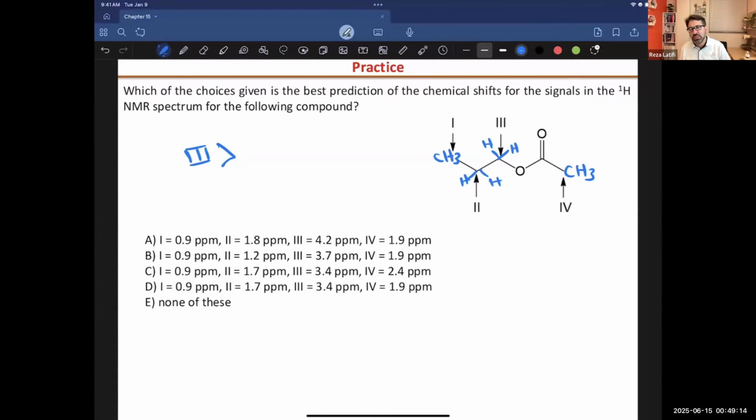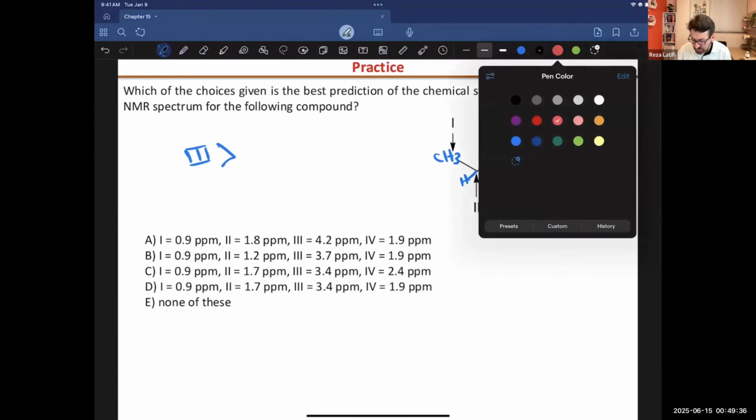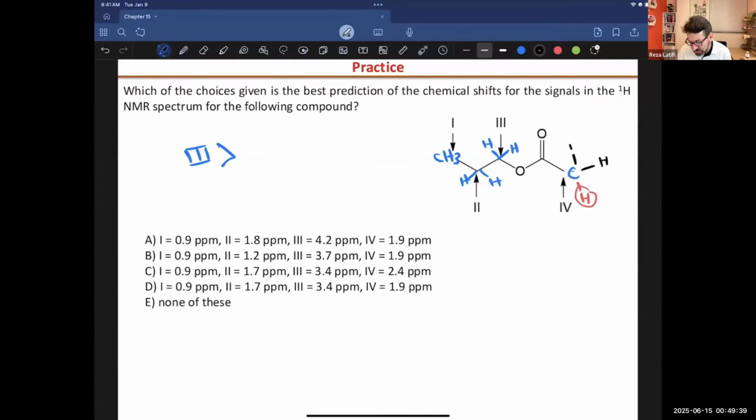Next, I can pick between 2 and 4. Let's compare 2 and 4 and see what the difference is. In 4, let's say we're talking about this hydrogen, and check the atoms around that hydrogen. What do we see around it? We see 2 hydrogens, and I see this carbonyl group.